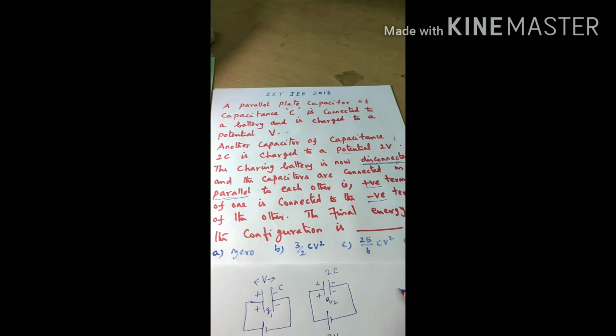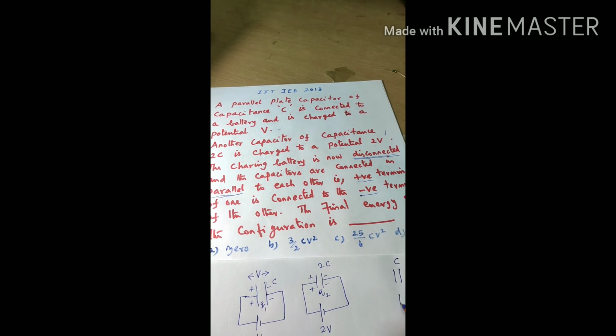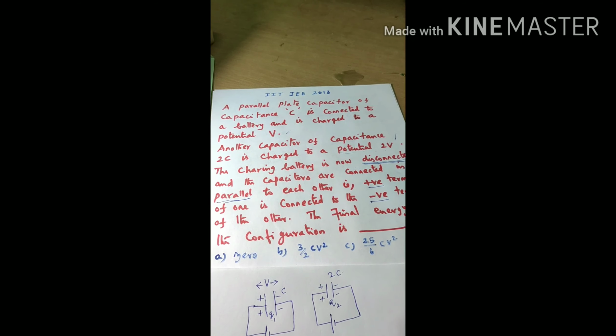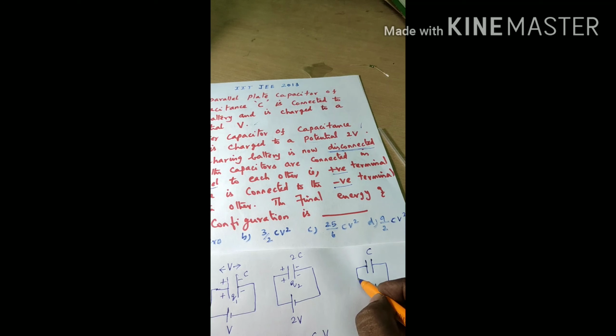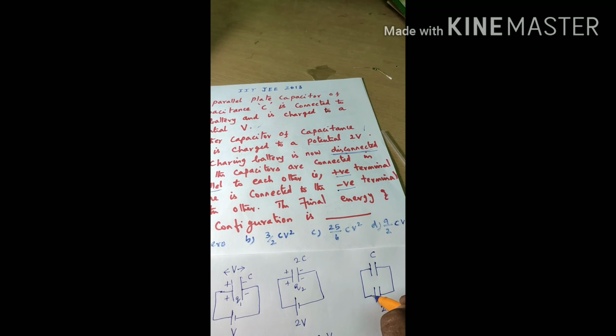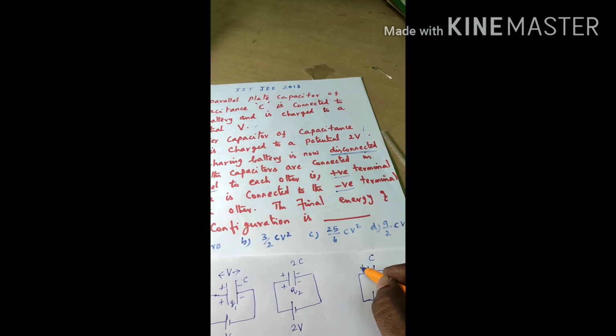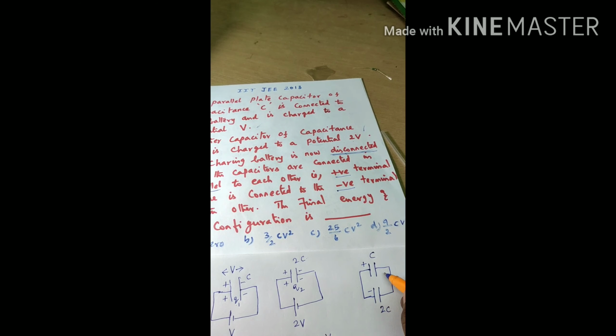Now I will draw it with the battery removed. This is the first capacitor of capacitance C. This is another capacitor of capacitance 2C. These two are connected in parallel. The condition here is that the positive plate is connected to the negative plate.